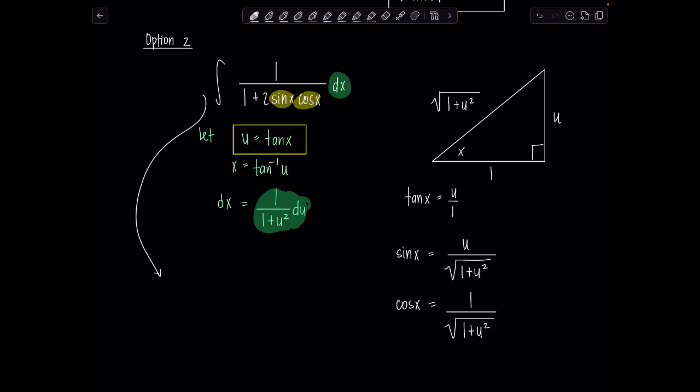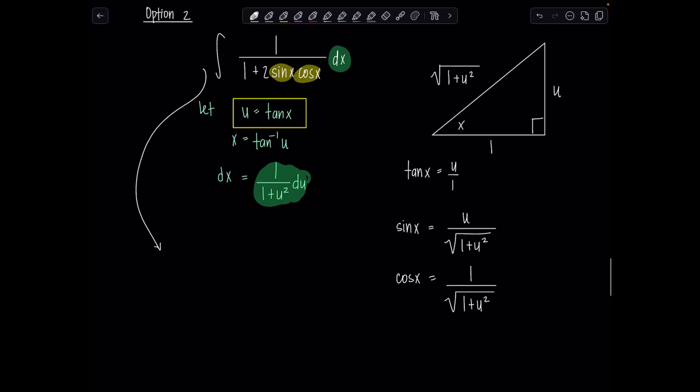Okay, now put it all together. Rewrite our integral in terms of u. So we're going to have 1 over 1 plus 2. Instead of sine x, I have u over square root 1 plus u squared. Cosine x is 1 over square root 1 plus u squared.